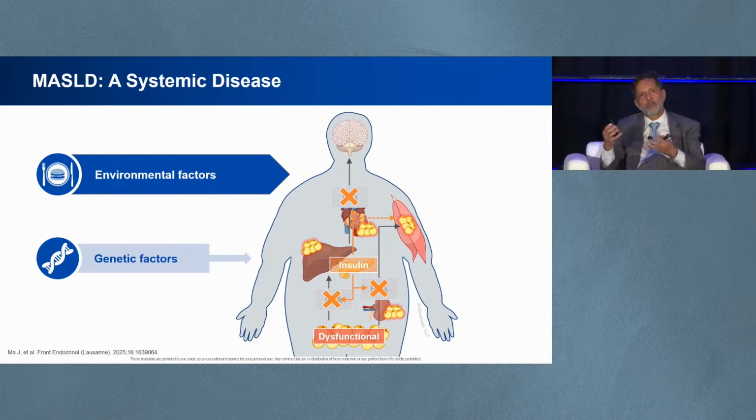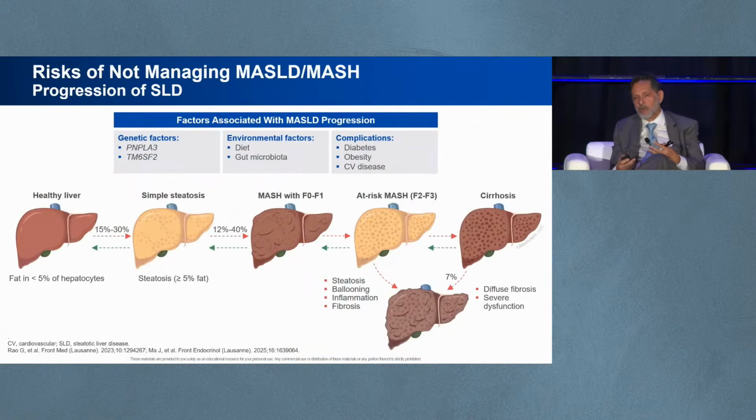And where the field is moving is towards thinking about the patient as a whole and not just looking at them organ by organ. And this is based on genetic and environmental factors. A whole slew of genes have now been identified. Of course, PNPLA3 and TM6SF2 are the best known. And then, of course, there's diet, lifestyle, and comorbid factors that determine this progression.